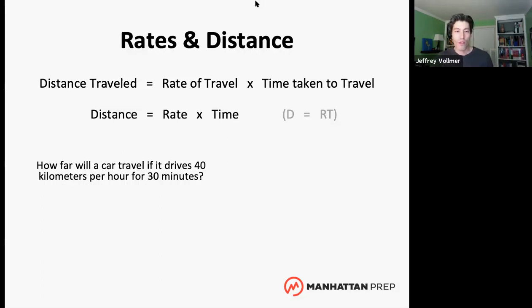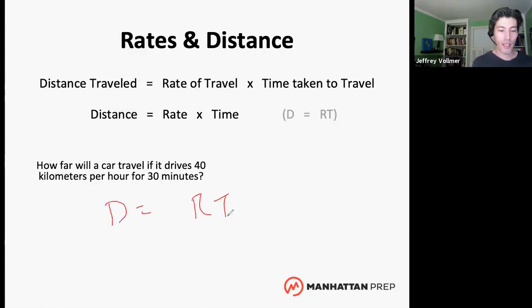You might notice that we can't just situate the 40 for the rate and 30 for the time and get the product of the distance. Because if you put that into this equation, D equals RT, and we throw 30 minutes in for time, and 40 in for the rate, all of a sudden it pops out as 1,200 for the distance.